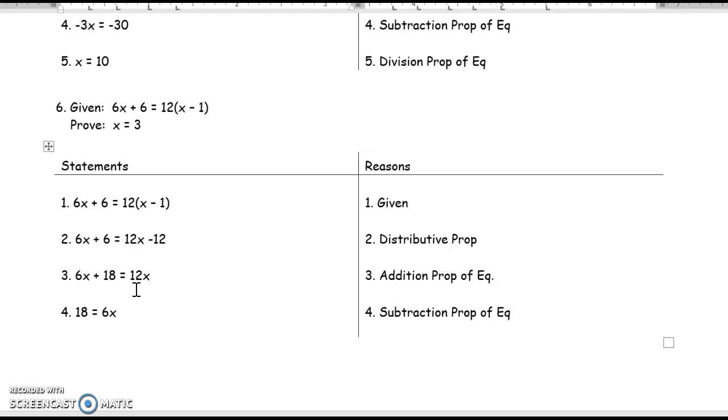All right. Option 5. Now if I divided both sides by 6, I end up with 3 equals x. And that's the division property.